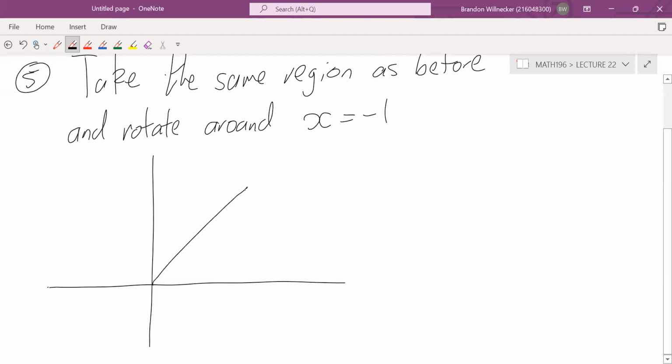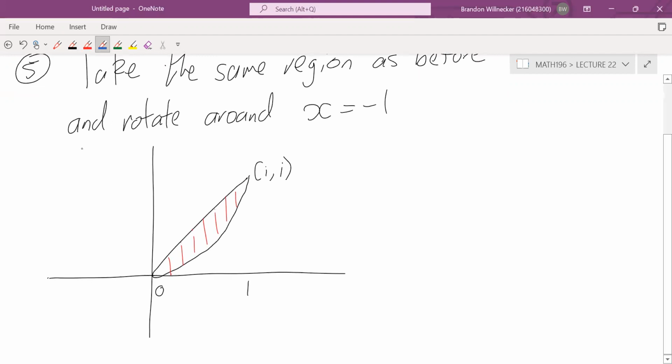Same region, so it looks like this, from 0 to 1, this is the point (1, 1). So that's the region. Now we want to rotate around x equals minus 1, so that's somewhere over here. We're rotating around this axis, and now it's a vertical axis.